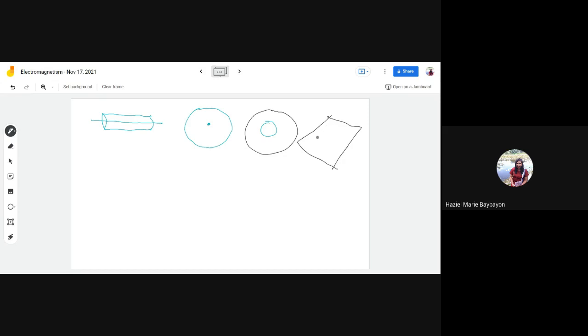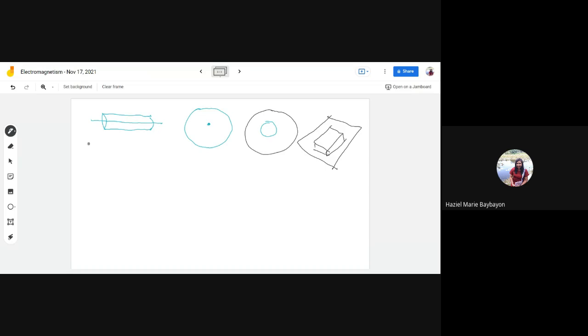Mura siya og box, wherein you will be enclosing some parts of the plane. Okay? So we can only use Gauss law if symmetry permits.